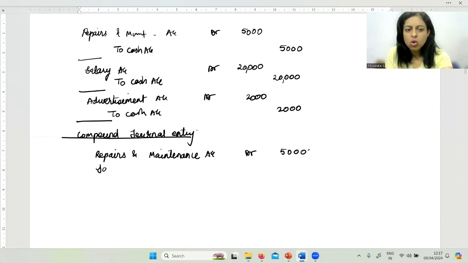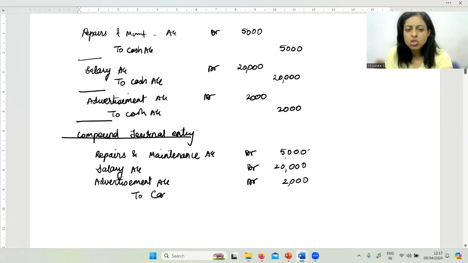Then salary account also is debit. So I write the debit first. Salary account debit, 20,000. Then advertisement account debit, amount is 2,000. And to. What is the to? To is cash account, because you are making all three payments by cash account.